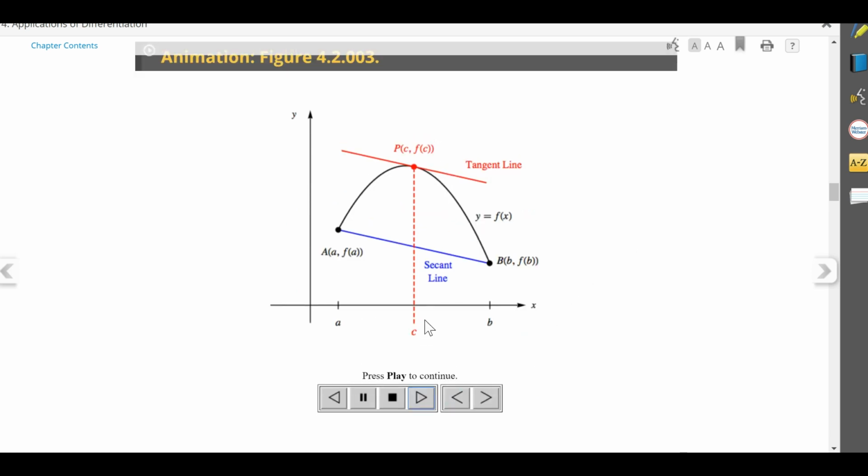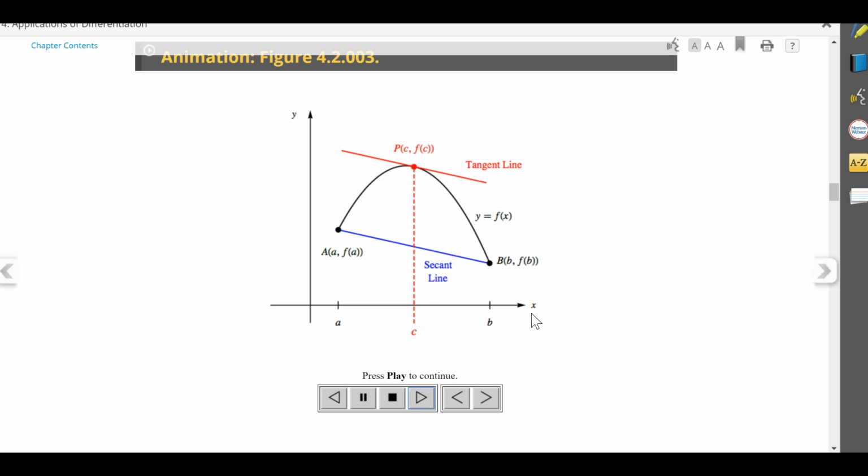So basically, let's stop it. It starts like this, and then if you play it, it'll graph the secant line there. If you play it again, it'll graph a tangent line to the curve, and you hit it again. It follows a tangent line until it stops, and if you notice, the tangent line here will stop whenever it is parallel to the secant line.